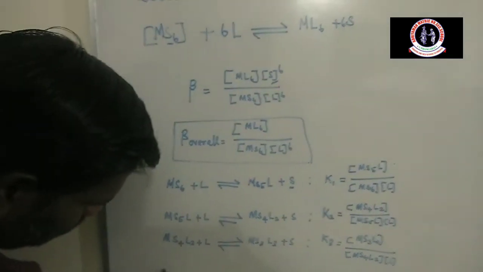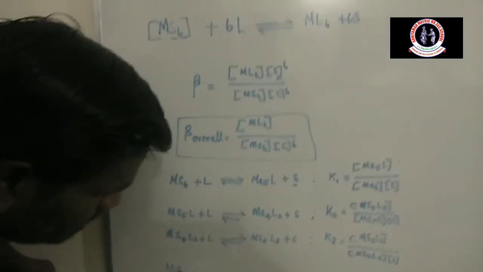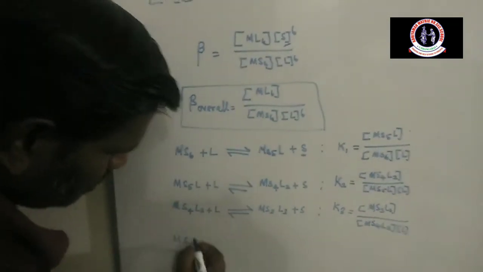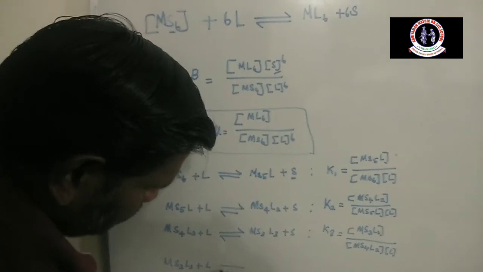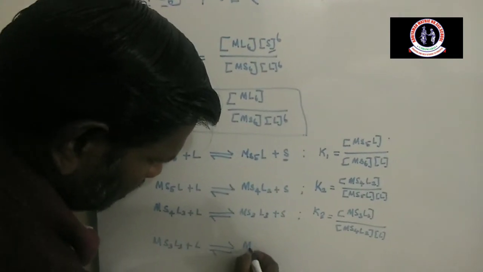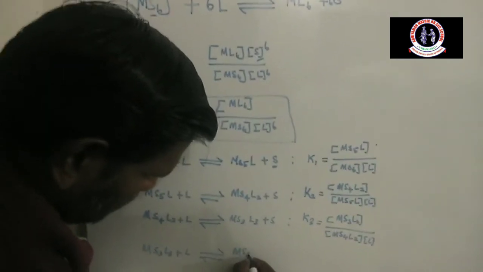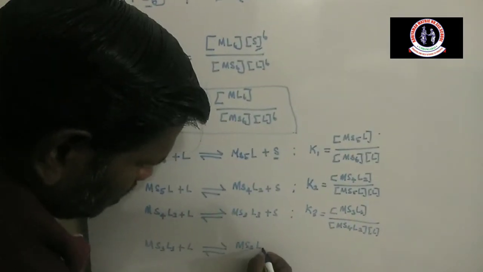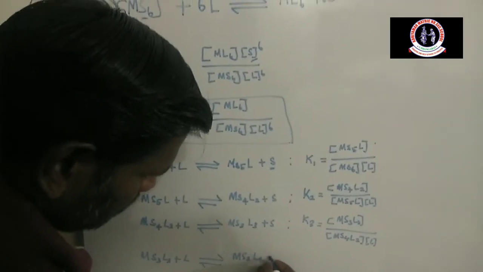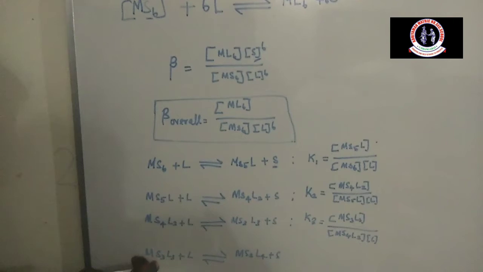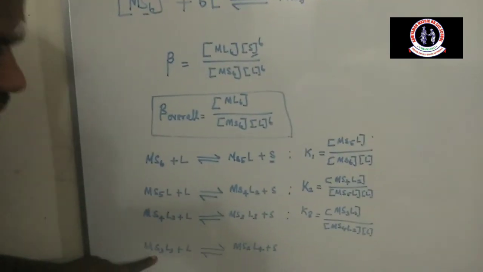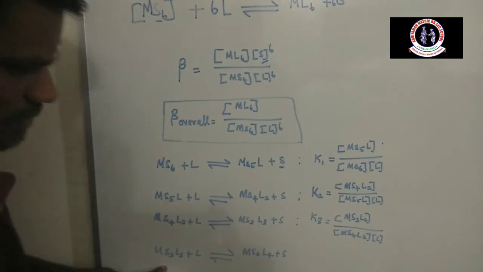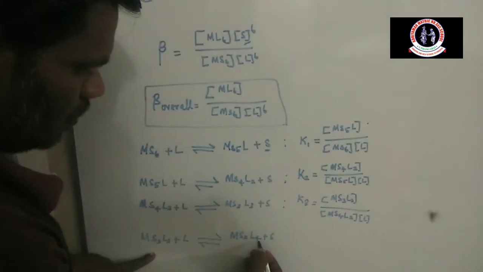And one more, MS3L3 plus L gives what? MS2L4 plus S. There are 3 solvents here, and one solvent is removed from this metal ion, so we get MS2L4.